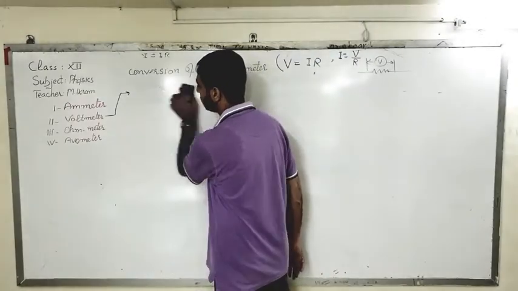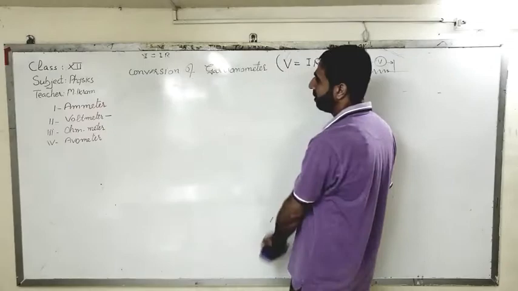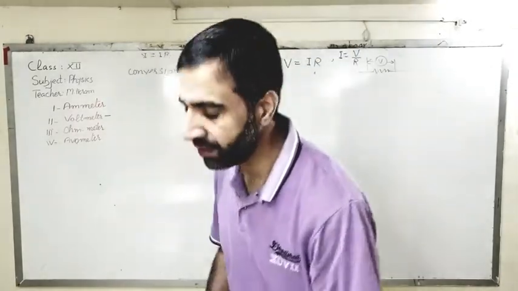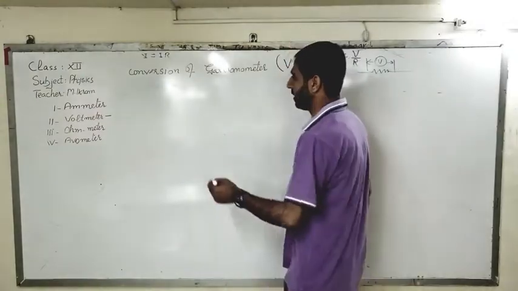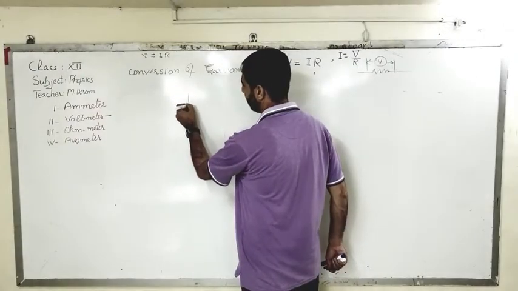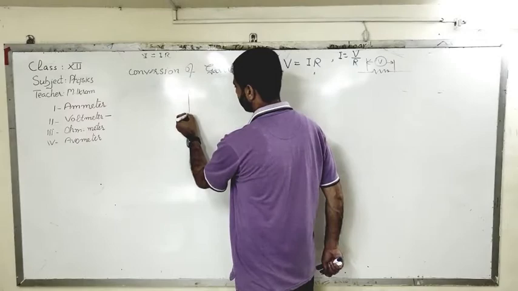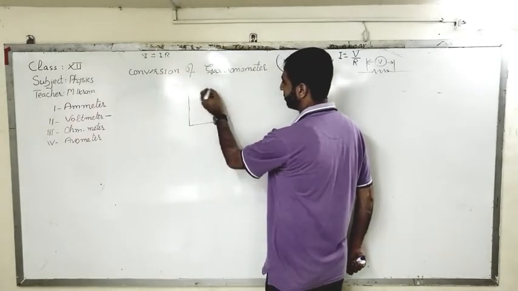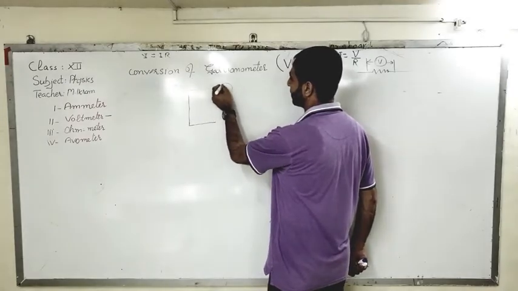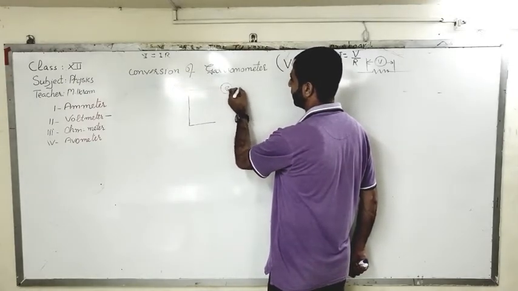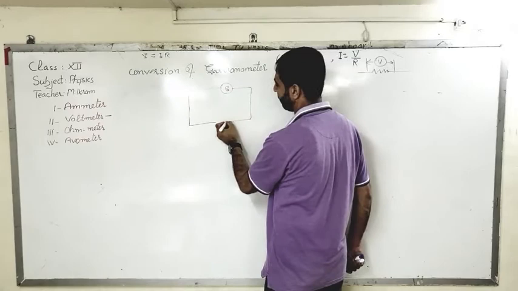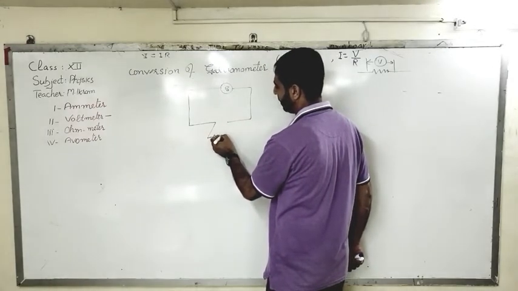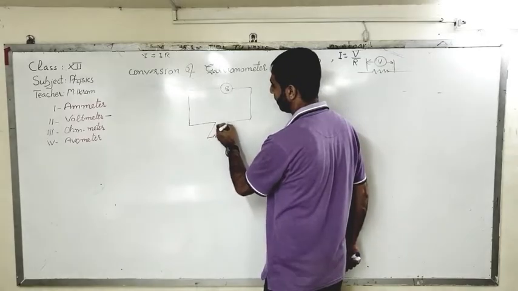In order to use the galvanometer for measuring resistance, how is it done? Let us see, for example, I will just draw this as our galvanometer, right? And we have this kind of situation, right?